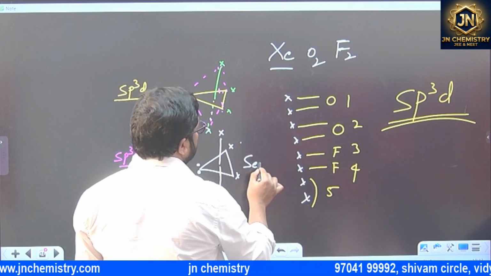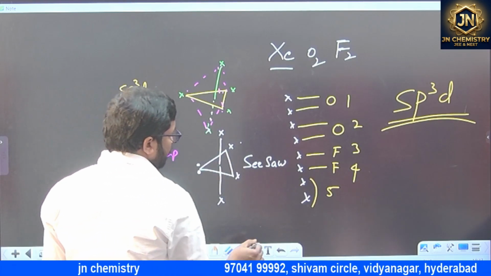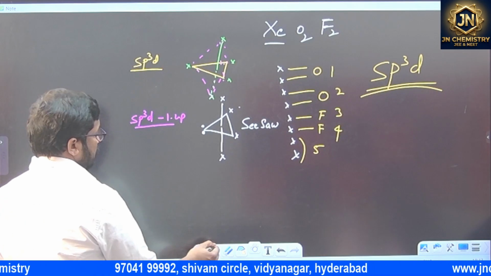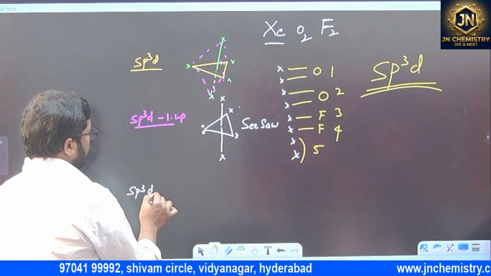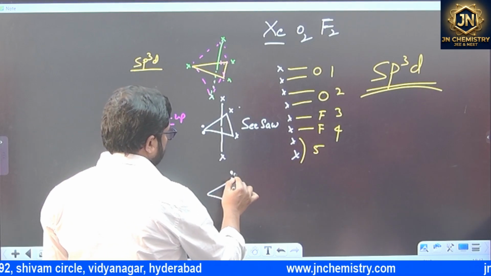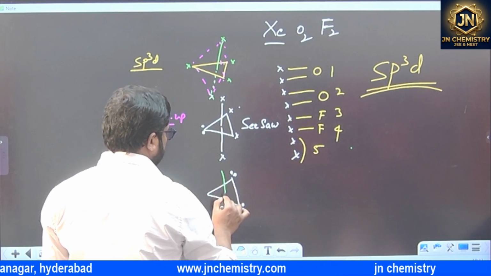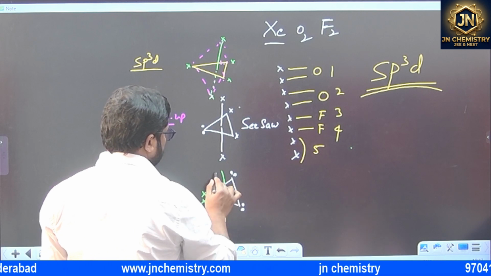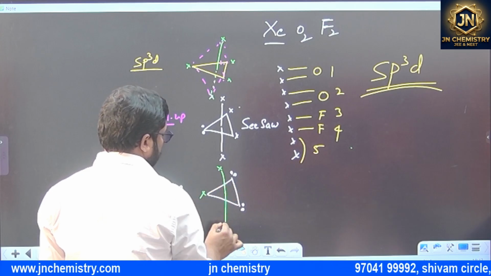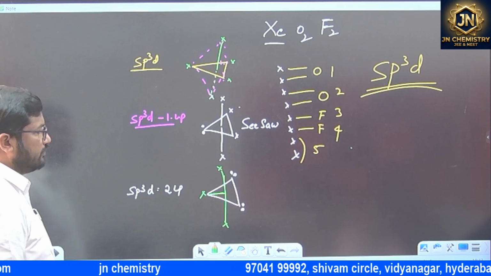This is what we call seesaw. Seesaw shape. And one more important thing, sp3d with two lone pairs. No? This is, we could say, T shape.